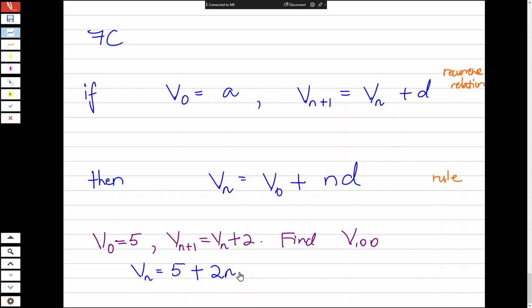Okay? 2 times n. Substitute n equals 100, and you get V100 equals 5 plus 2 times 100, that's 200, and you get 205. So again, if you think about this carefully, if you add 2 100 times, that's just the same as adding 200. Add 2 times 100.